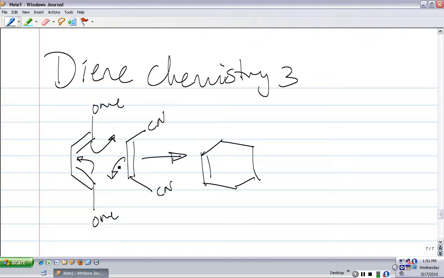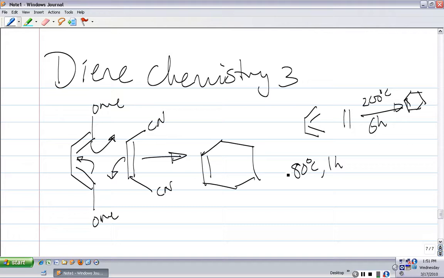What that translates to is that if I mix butadiene and ethene, I'd have to heat that at 200 degrees Celsius for 6 hours to get any really good yield of cyclohexene. But for this reaction I just wrote, that's probably going to be maybe 80 degrees Celsius for an hour before I get appreciable yield.